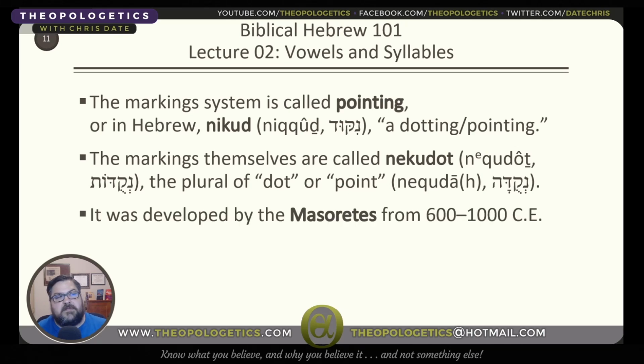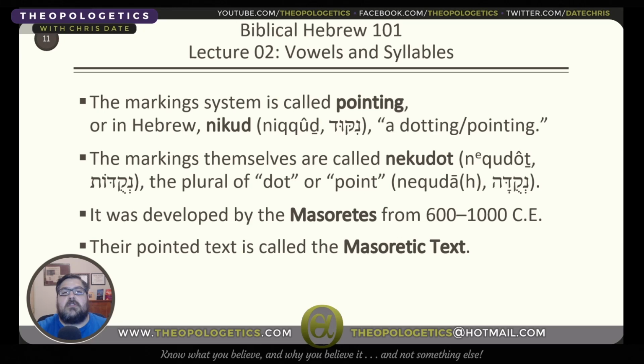This system was developed by the Masoretes from the latter half of the first millennium AD, somewhere between 600 and 1000 CE. It was finalized by that point. The text they produced by adding the nikudot around the consonants is called the Masoretic text.